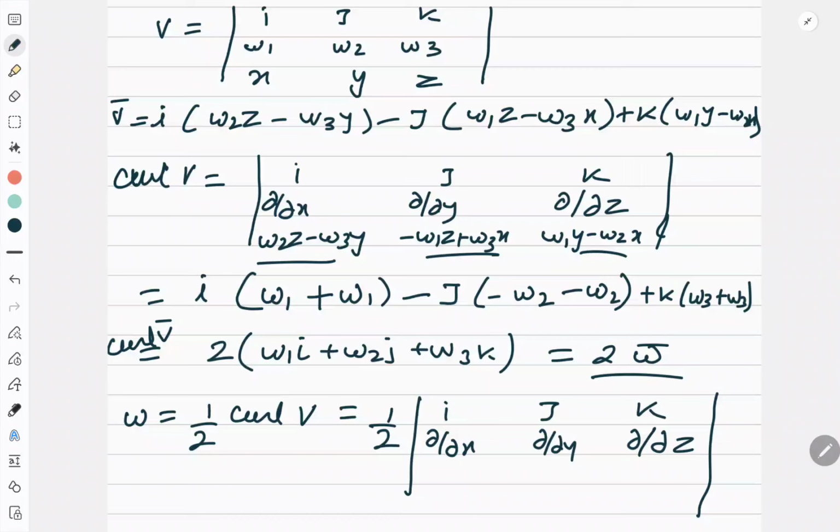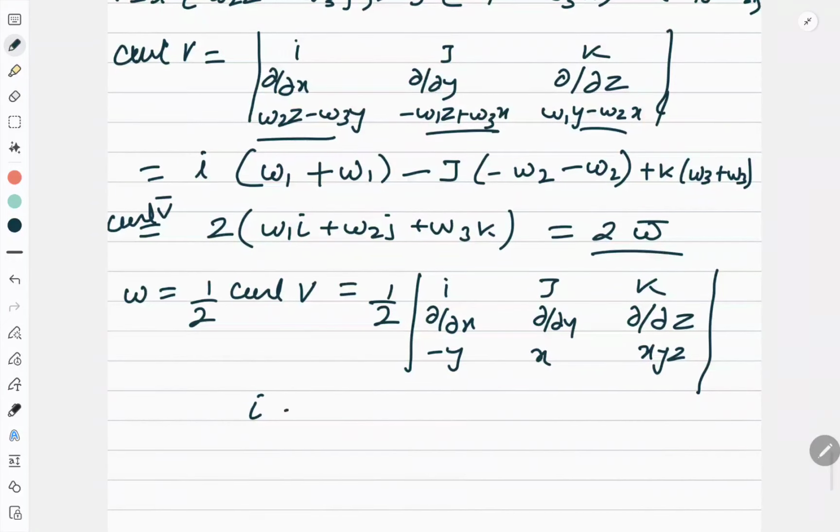Now what is the coefficient of i, j, k in v? Minus y, x and xyz. And that too, I have to find out at (1, 3, 2). So first solve and then put the value. Never first put the value and then solve. Okay. So when you solve it, you will get the answer as i minus 3j plus k.